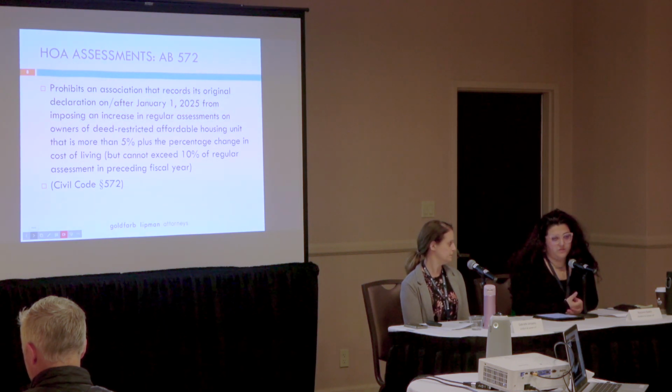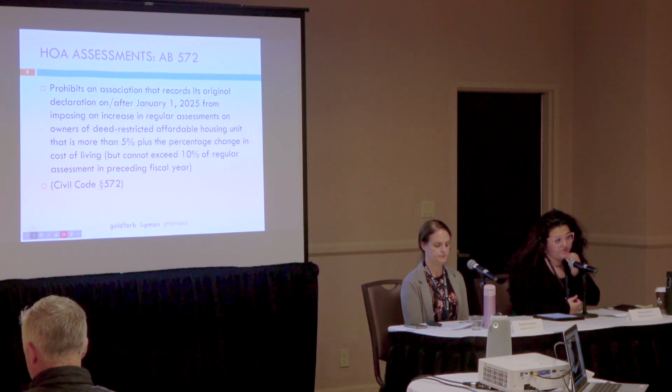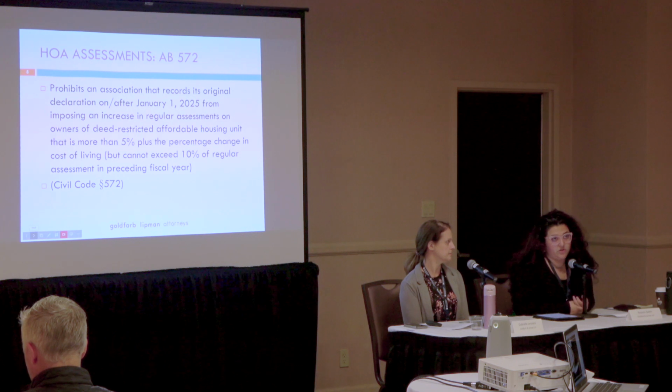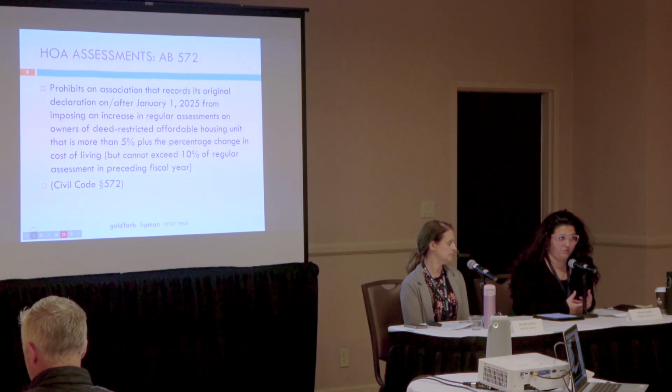So as Gabrielle mentioned, a lot of cities and counties have inclusionary housing requirements, which require the developers of condominium buildings or other common interest developments to include a certain percentage of those units at an affordable housing price that is affordable to lower income households, or whatever income level they require.